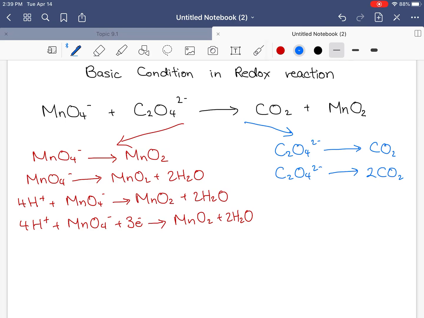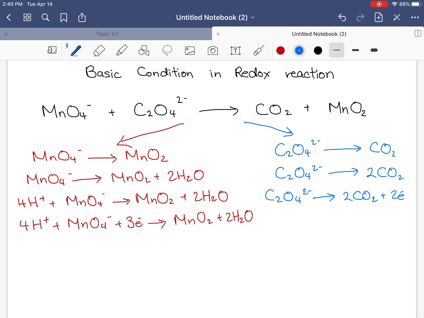No need to insert hydrogen because we really don't need to. Now just make sure the charge is consistent. There you go. 2 electrons on the right side to balance out the 2 negative charge on the left.